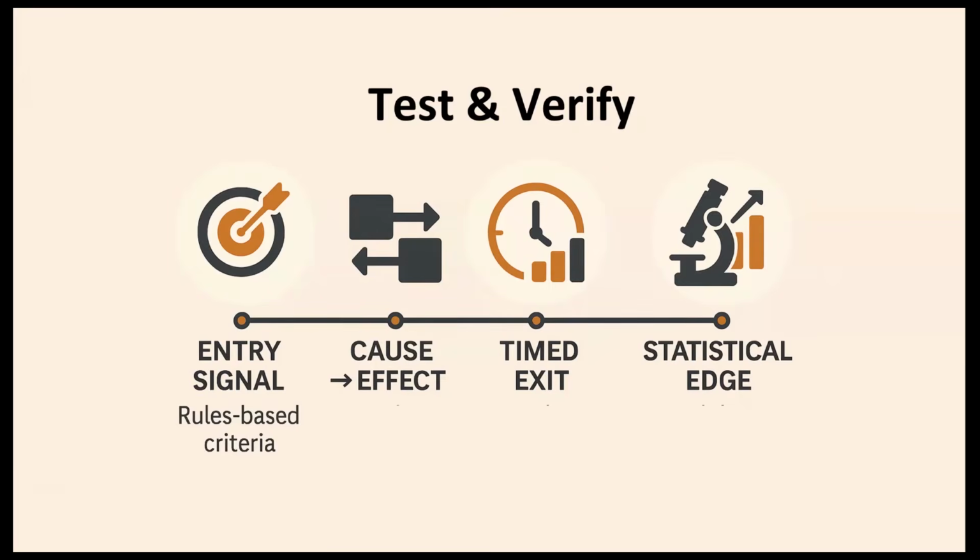So the next step is then to confirm whether the setup has a statistical edge. And your first thoughts might be to run a backtest just using a 1-to-2 or 1-to-3 risk reward ratio, using fixed profit target and stop loss settings. But I recommend starting with the timed exit instead.